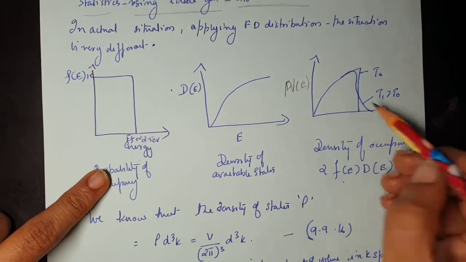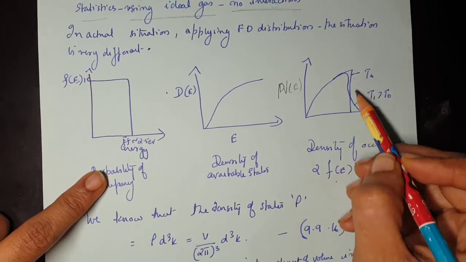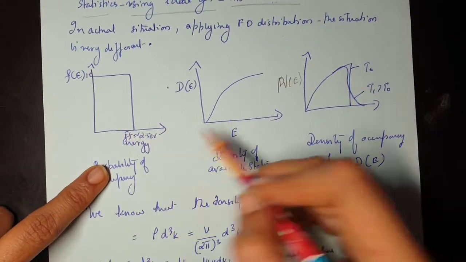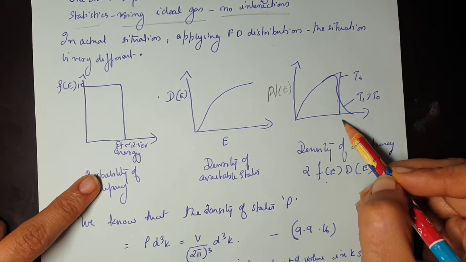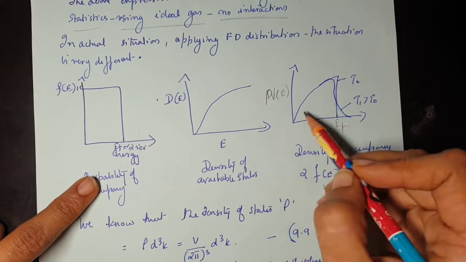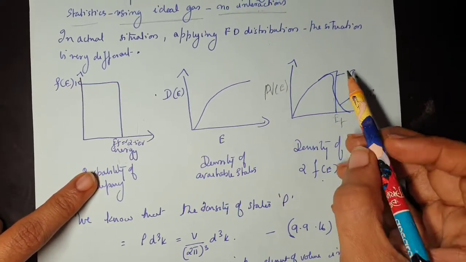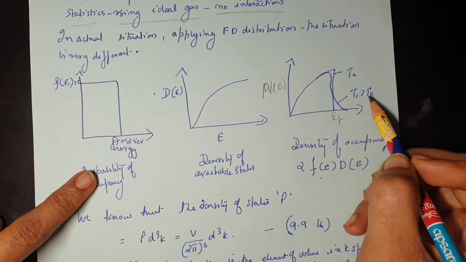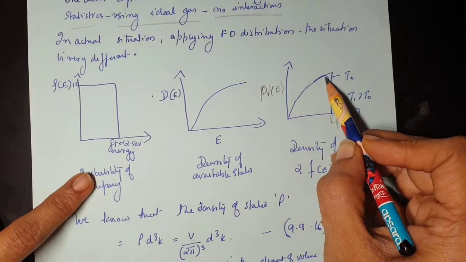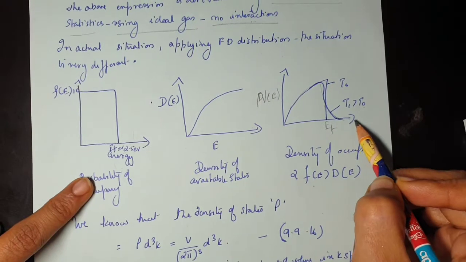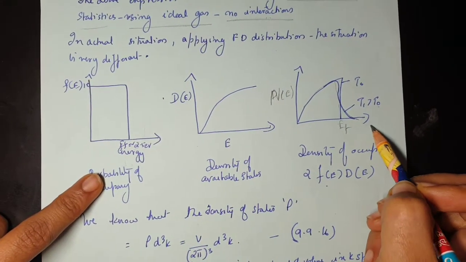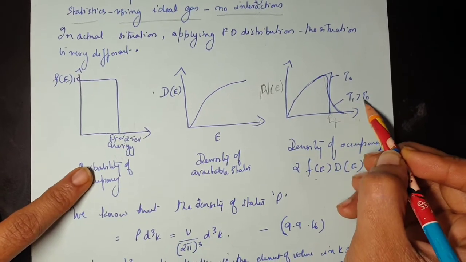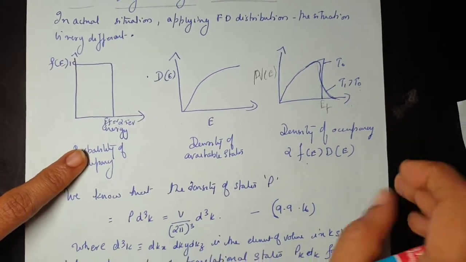At T equal to 0 it follows the same profile and falls sharply at EF, as we have seen in the previous lectures. At a temperature T1 that is greater than T0, it has a smoother fall towards zero.